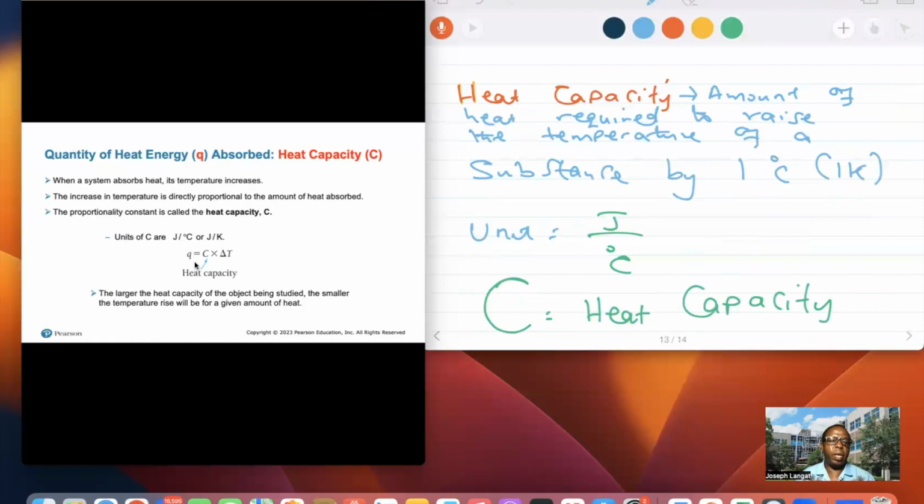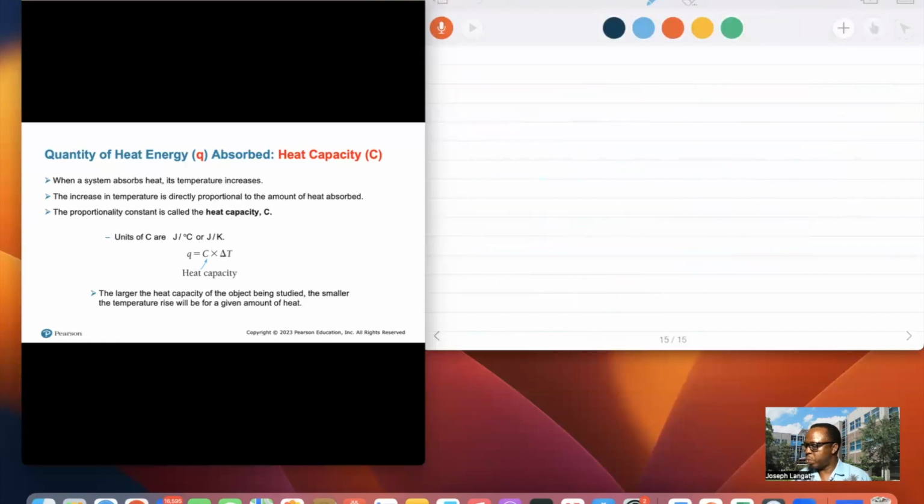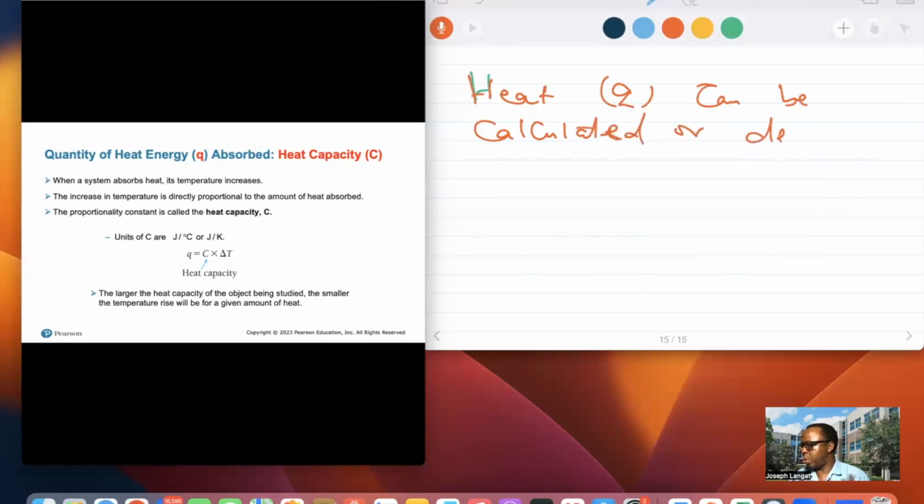So we can calculate Q, which is the heat, using two equations. You need to remember this. Heat Q can be determined using these two equations.